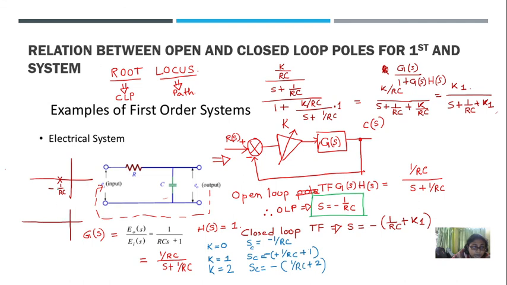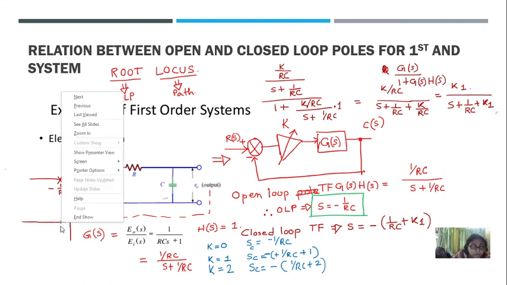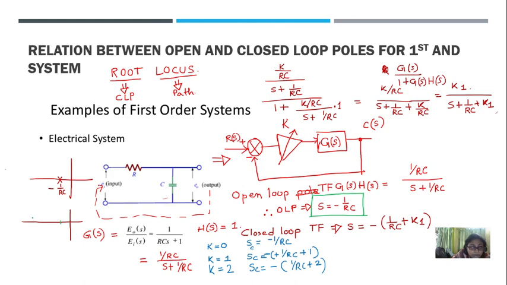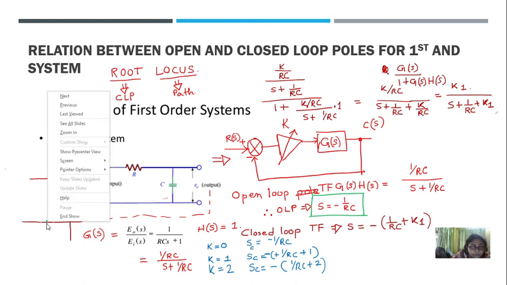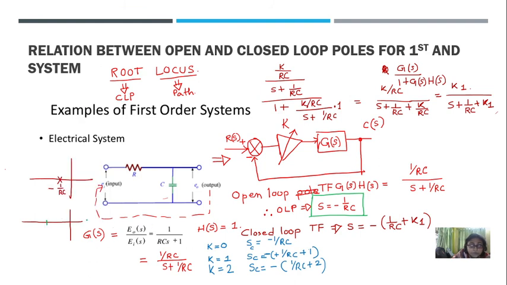With K equal to 0, the pole was here. Now with K equal to 1, the pole is shifting to the left hand side. And with 2, the pole is again shifting, more and more towards the left hand side.